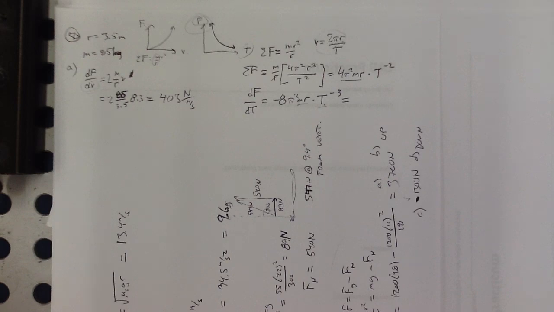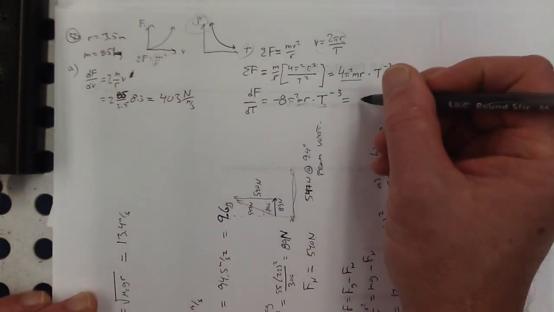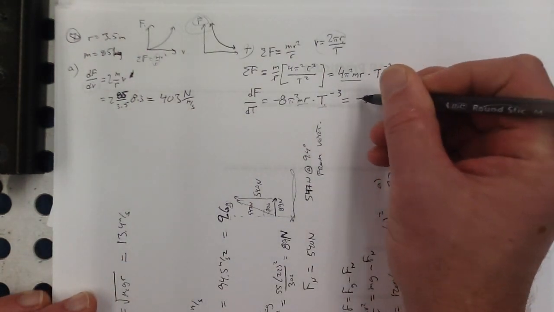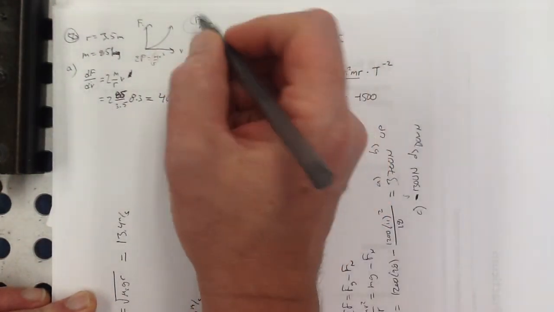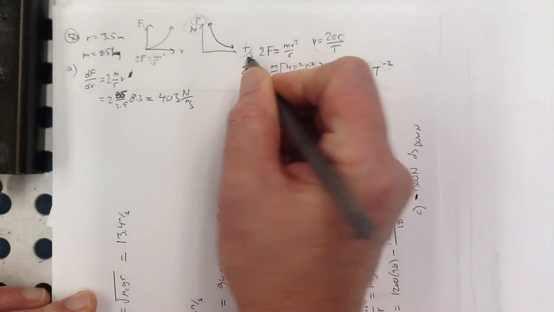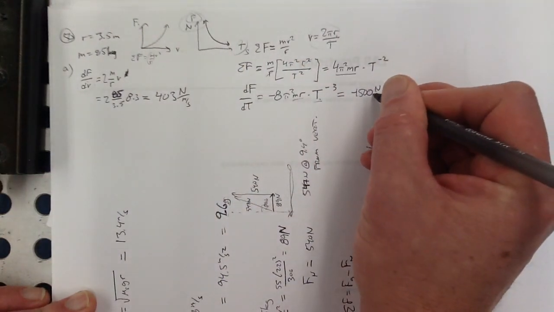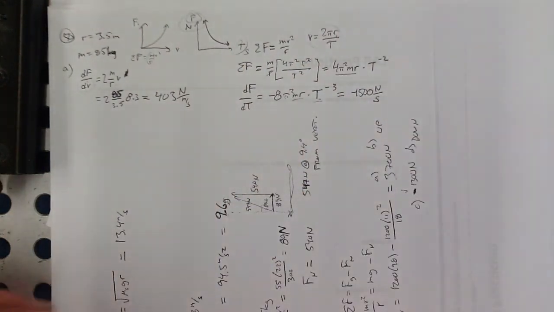And let's see how we did there. Good. So that's about negative 1,500. What would the units be of the slope of this? Well, this is newtons and this is seconds. Rise over run. That's it.